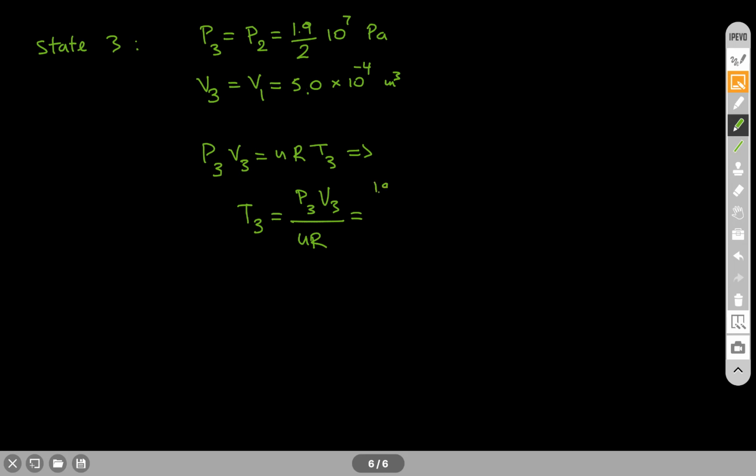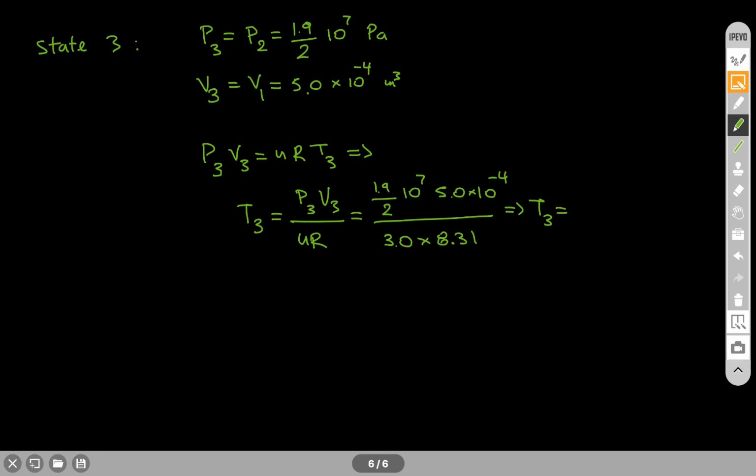P3, so 1.9 divided by 2, 10 to the 7, V3, 5.0 times 10 to minus 4, N, 3 moles times R, 8.31. So I have everything here. I can find the temperature of state 3.